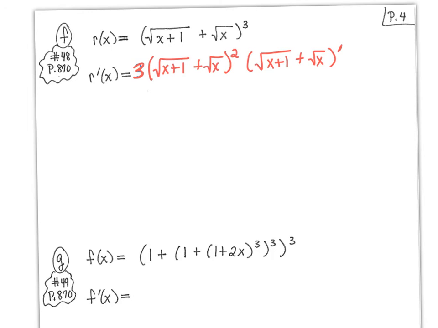Now, we need to figure out how to take the derivative of this. So this is equal to 3 times the square root of x plus 1 plus the square root of x squared. And then we have to take the derivative of this. So just an aside.